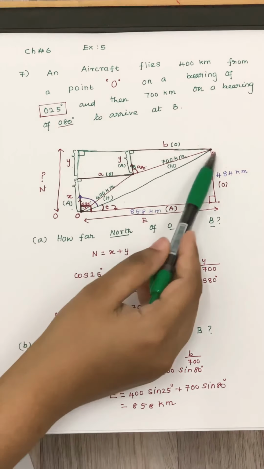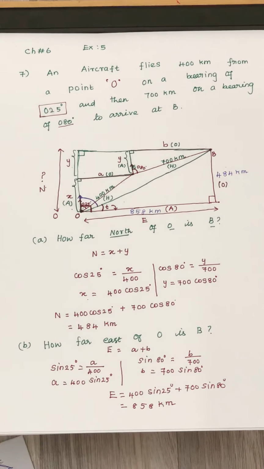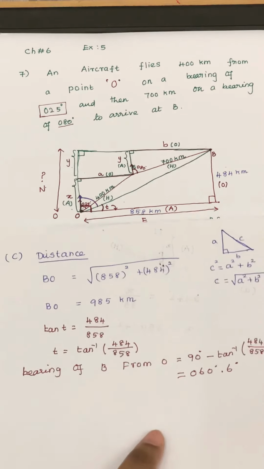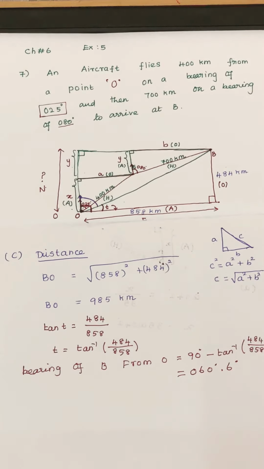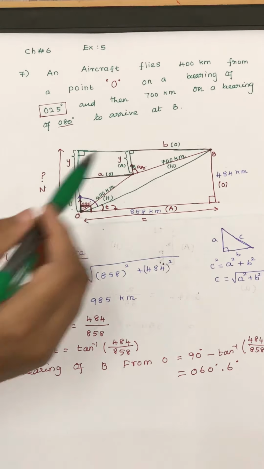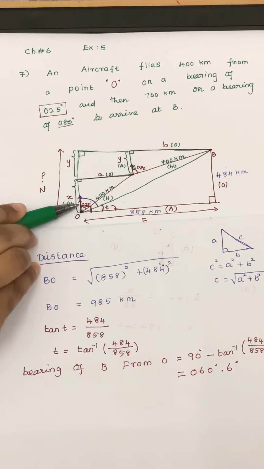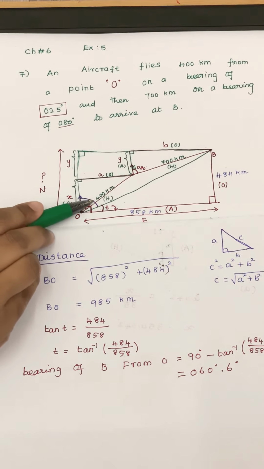So for the distance, I found a right angle triangle here, so I used Pythagoras theorem to calculate the distance. And then to find my bearing, I go to the diagram again. I want the bearing of B from O. So mark the point O and draw the north direction. You have to travel clockwise.